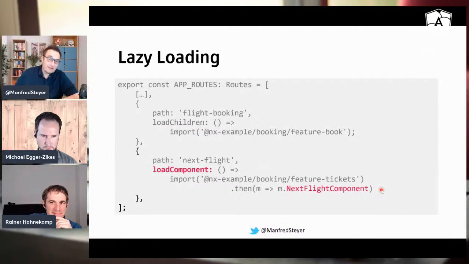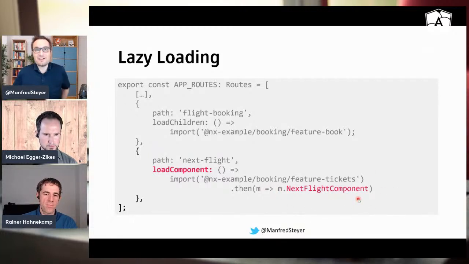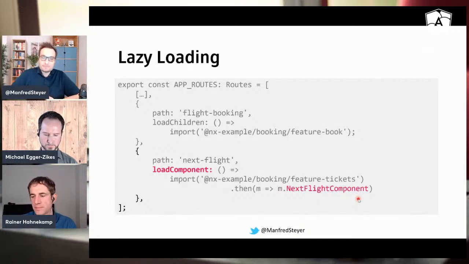By the way, you can do the same with standalone components. Now, as an addition for loadChildren, there is a loadComponent flag, and this allows you to lazily load a standalone component. That means now lazy loading can be done in a bit more fine-grained manner.